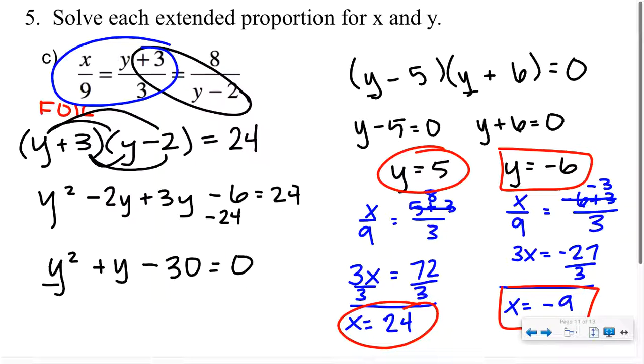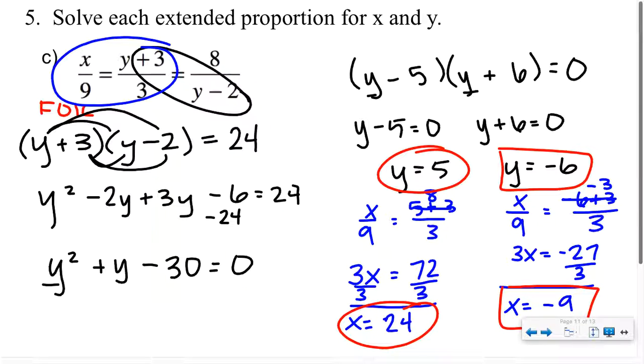And over here, 3 times what is 9? 3. So negative 3 times 3 should give me negative 9. Whatever happens to the denominator should also be happening to the numerator. So there's another quick self-check if you want to make sure you're doing them right.